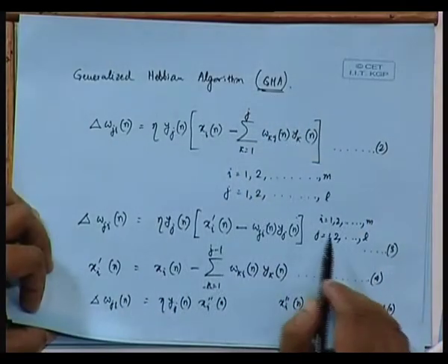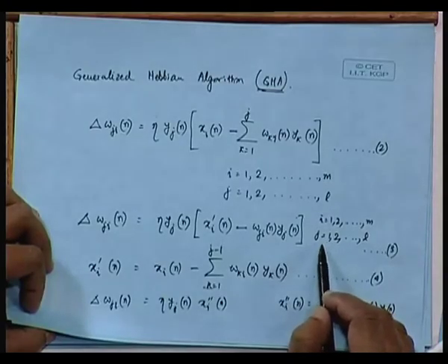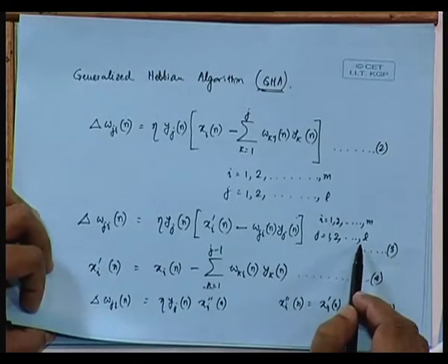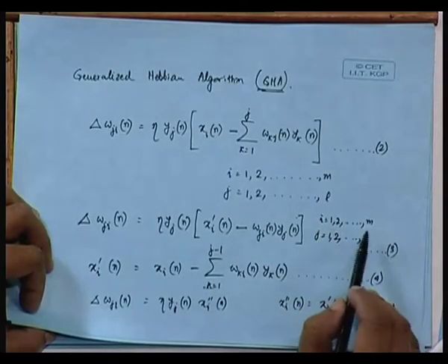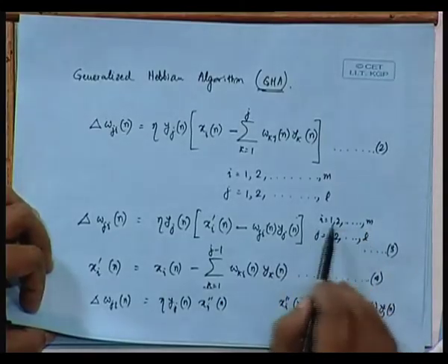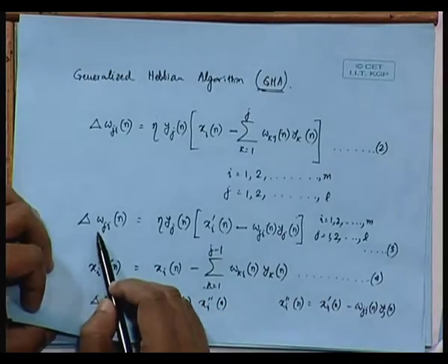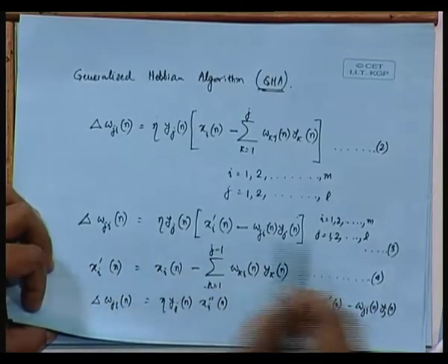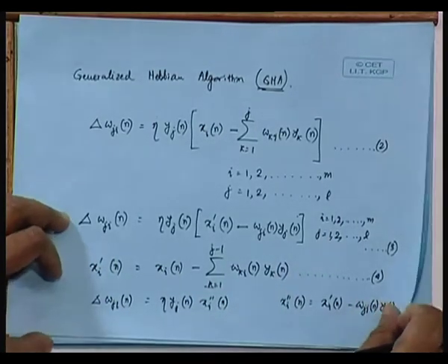Before we can show it, let us try to rewrite equation number 3. This equation number 3 is defined for i equal to 1 to m and for j equal to 1 to l. If we repeat this equation number 3 for all these i's, that means if we write down m such equations, then we will have w j 1 n equal to this, w j 2 n, and like that we write m different equations.